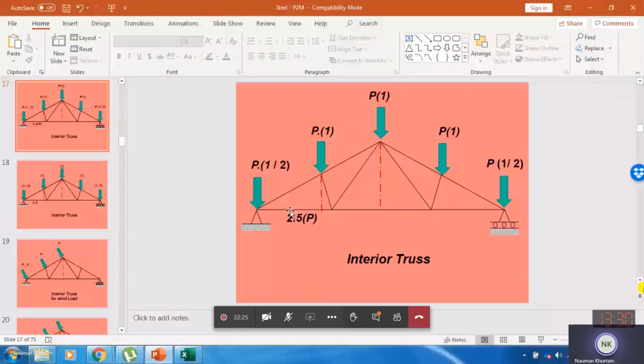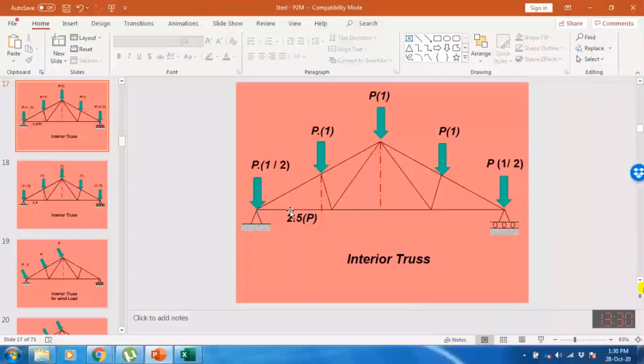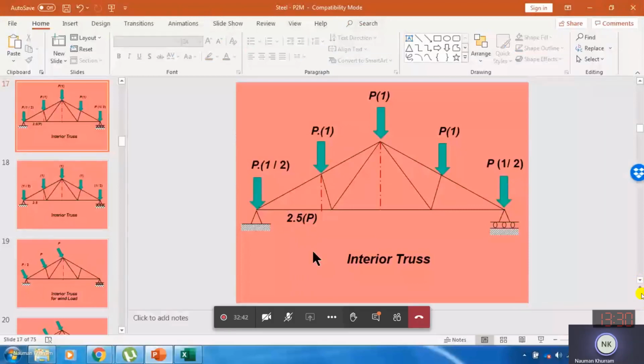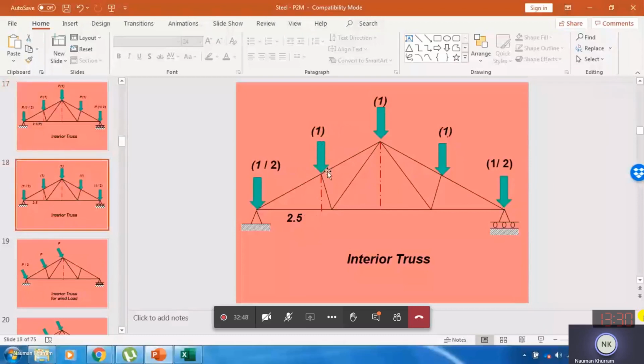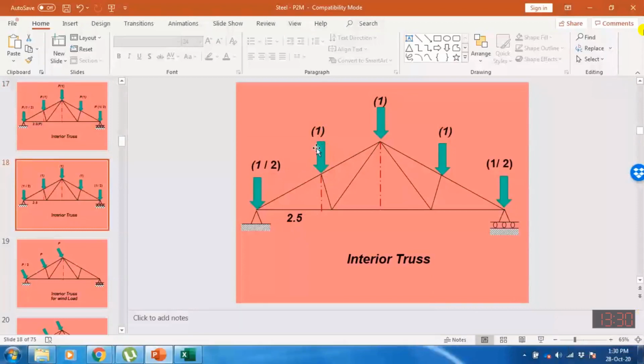So why do we want to analyze the truss for the unit load? Actually, we have separate dead load and separate live load. So we don't need to analyze the truss separately for the dead load, the live load and the wind load. If we know the forces in each member of the truss due to unit load, meaning 1, then we can convert them into the forces when a dead load is acting.